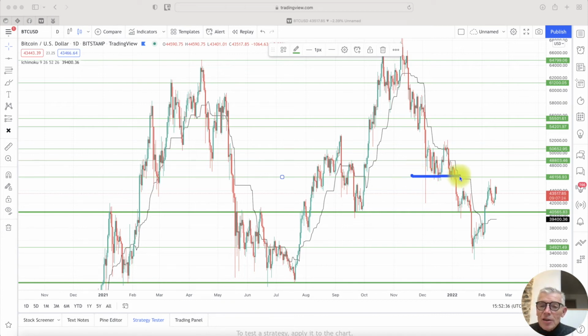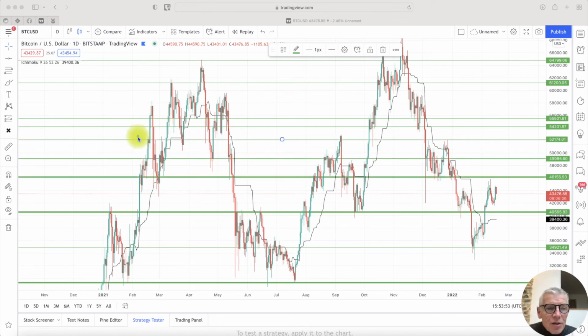So I would say that this is also quite an important support line. So I'm going to make this one thicker as well. We've had hesitation in the market here. It's served as support here, it served as resistance here, and it served as resistance here.